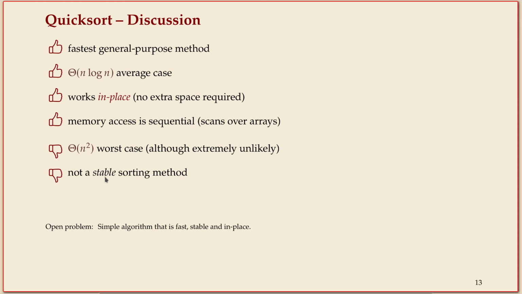What we lose, apart from the bad worst case, is the stability. If you do partitioning without extra space, you lose stability. It's pretty much one or the other. You can't have both and have a simple algorithm. So that's one open problem in algorithms, is to find a simple algorithm that's fast in practice, is stable, and in place.